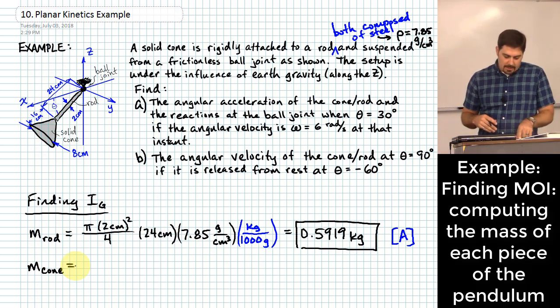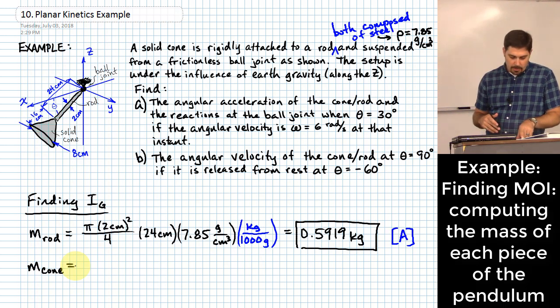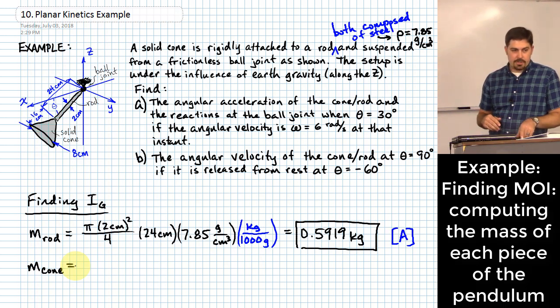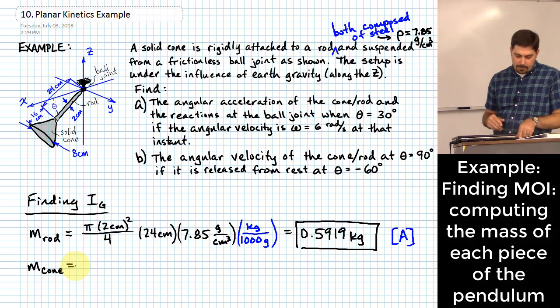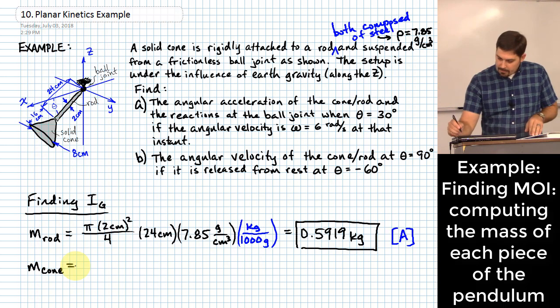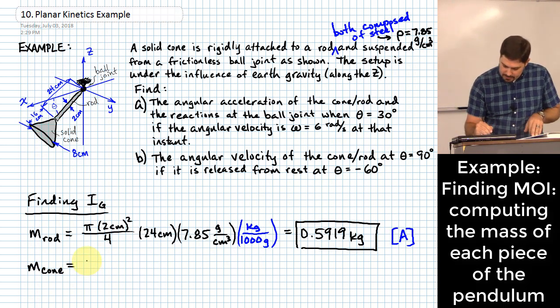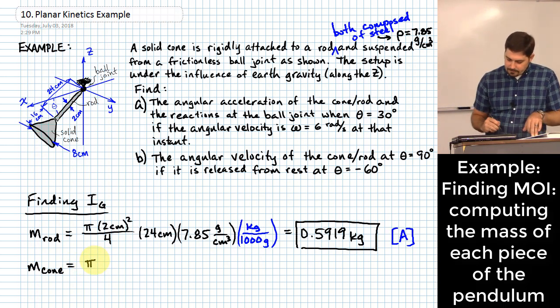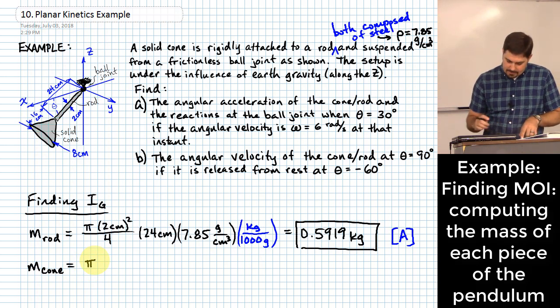One of the things you see there is for a solid cone. The formula is 1/3 pi r squared h, where r refers to the radius at the bottom, right? So the mass of the cone is just going to be equal to pi times, I forgot my factor of 1/3.